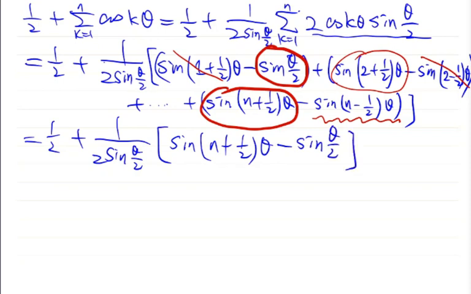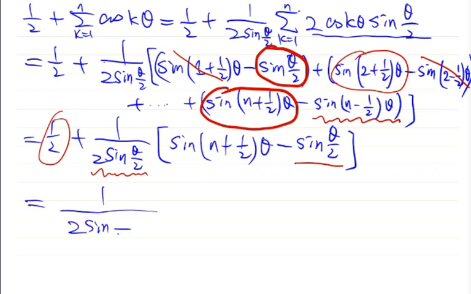Then this term cancels with the denominator, you obtain the minus a half, which cancels with the first half. So the final result is sine(n plus half)theta over 2 sine half of theta.